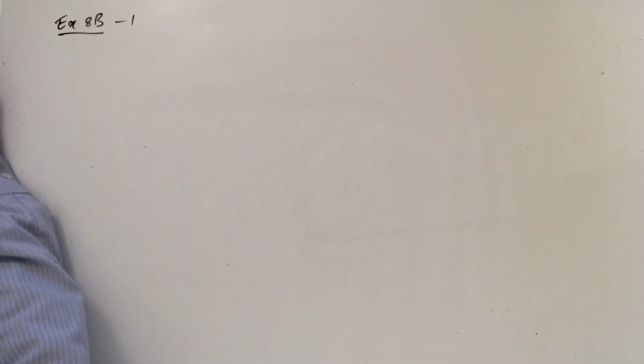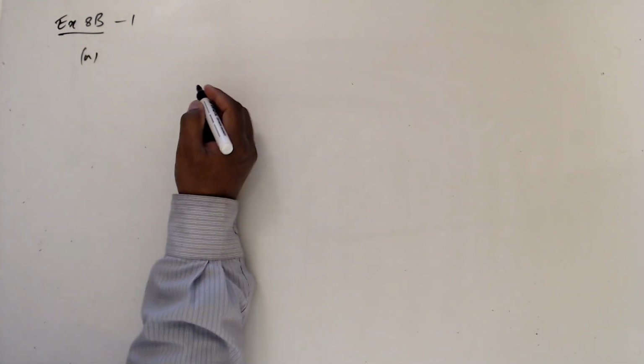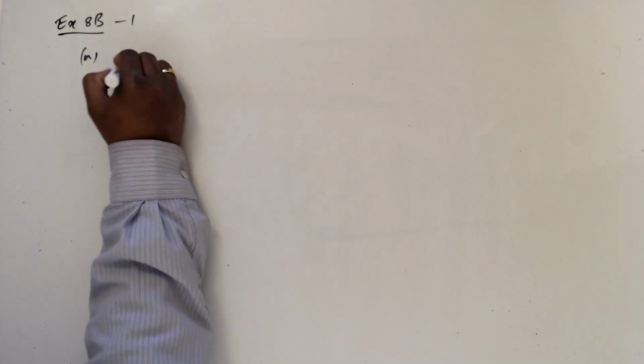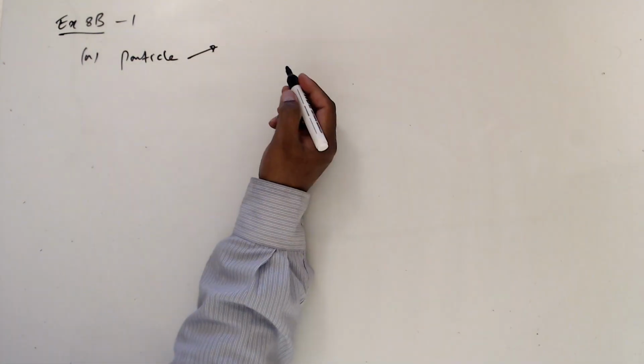Exercise 8B, question number 1, part A. The football is modeled as a particle. So what are the things we disregard?